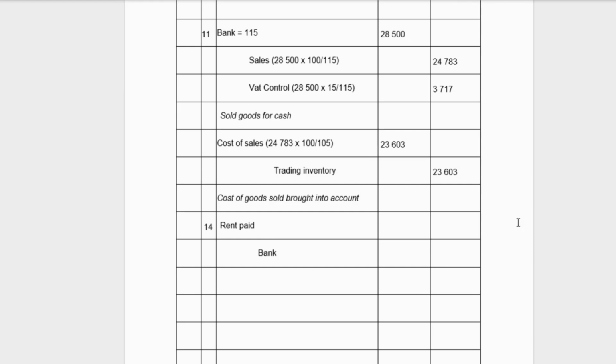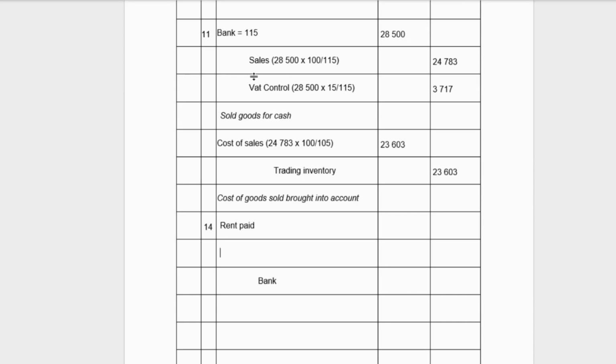But remember, we also have to account for VAT. Let me not forget this one again. We have to account for VAT. So when we account for VAT, we're going to debit VAT control because it's a VAT input. Remember, VAT input is VAT that is accounted for when we make a payment or when we purchase, right?